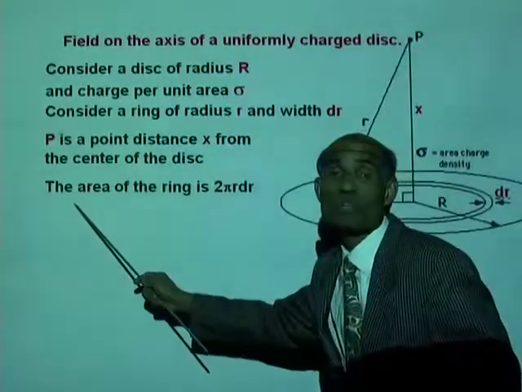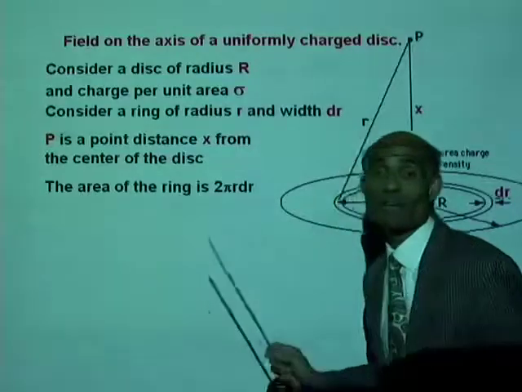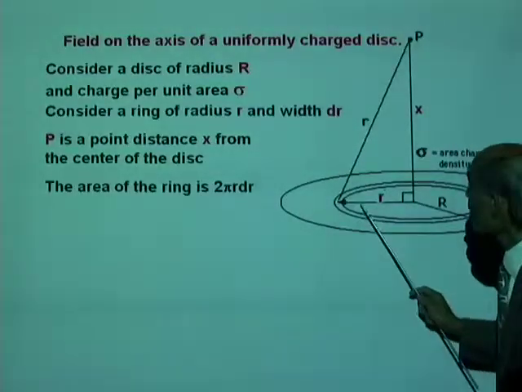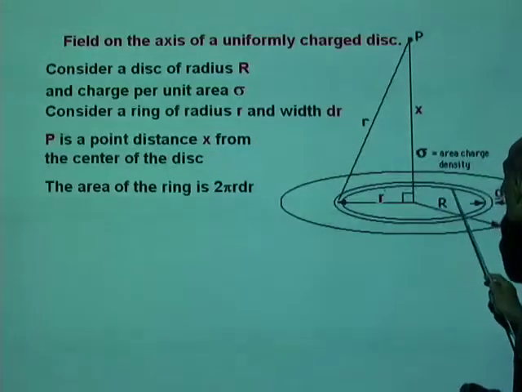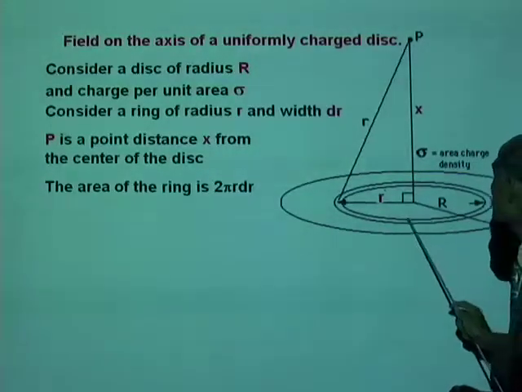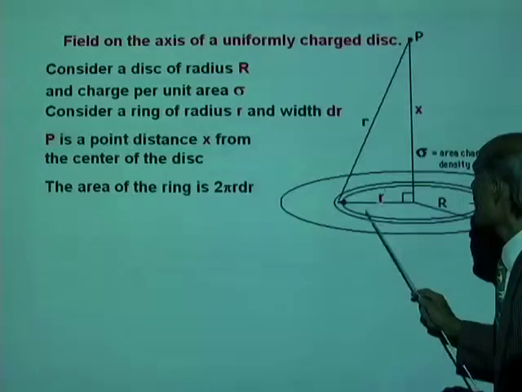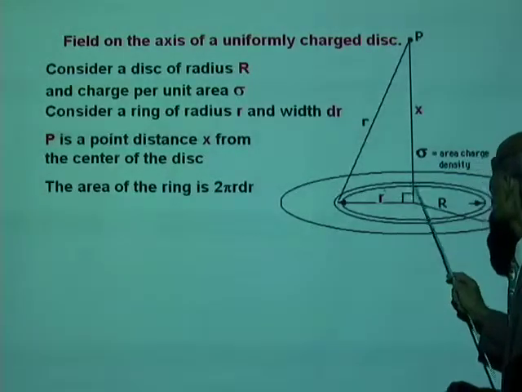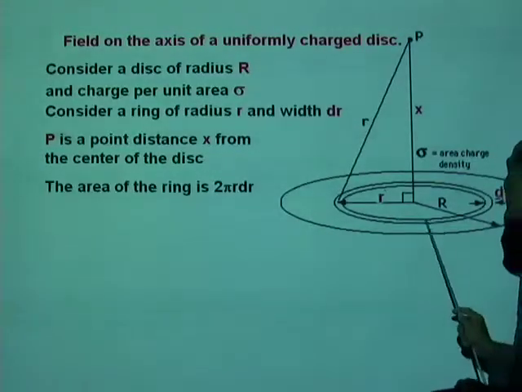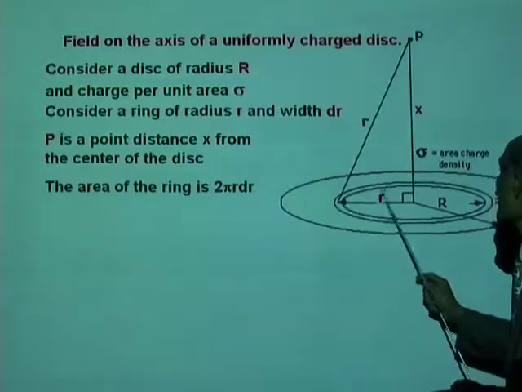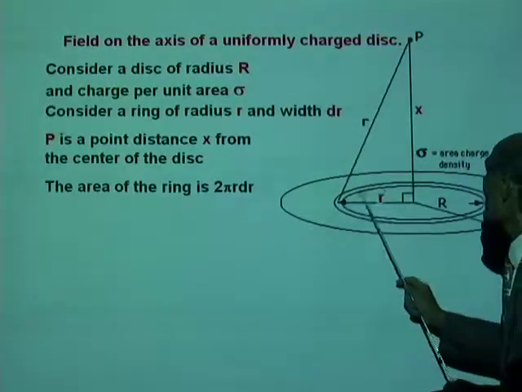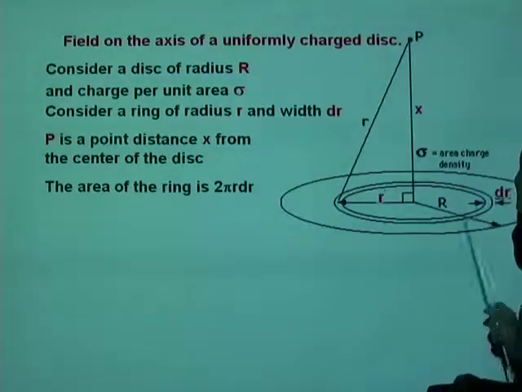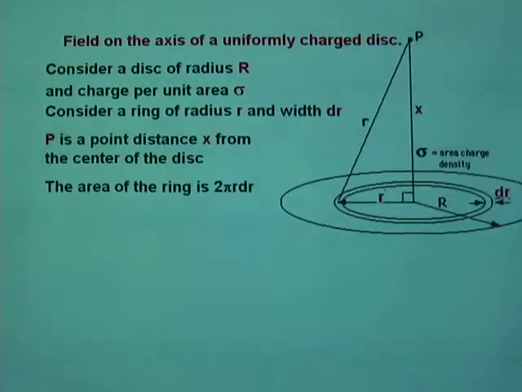To do that, you need to find the area of the ring. Can you tell me what the area of this ring is? If you take the circle, the inner circle of the radius r, the circumference is 2 pi r, and if you multiply that circumference by dr, it will give me the area of that ring.